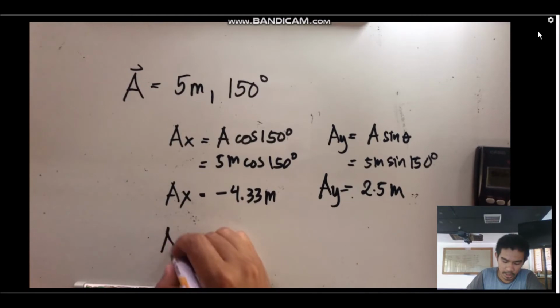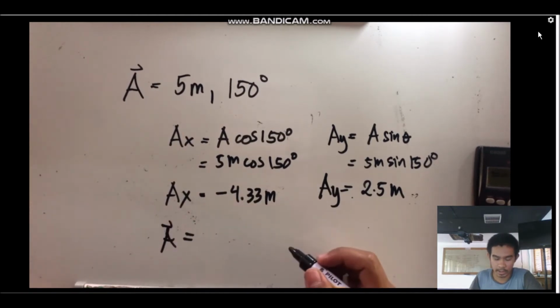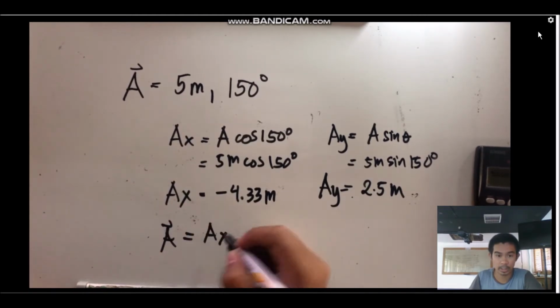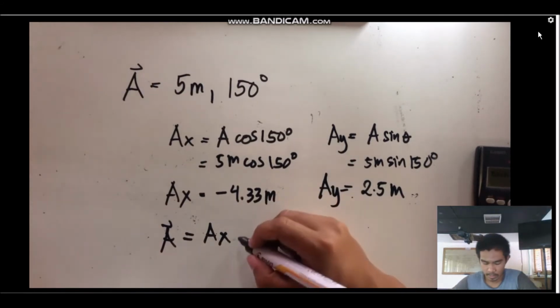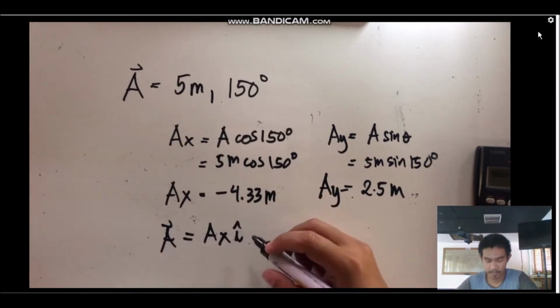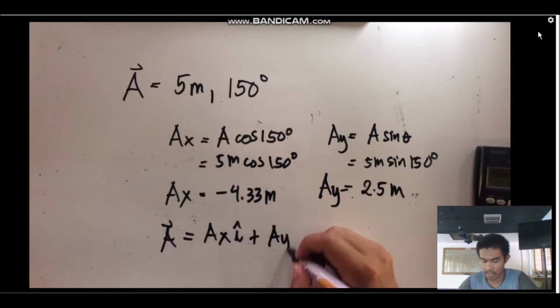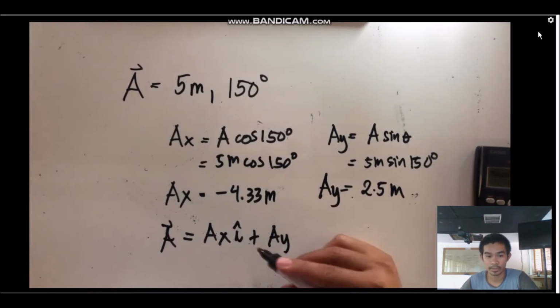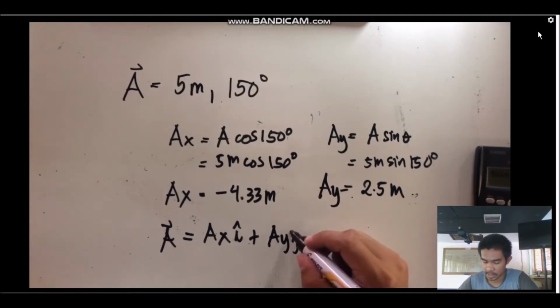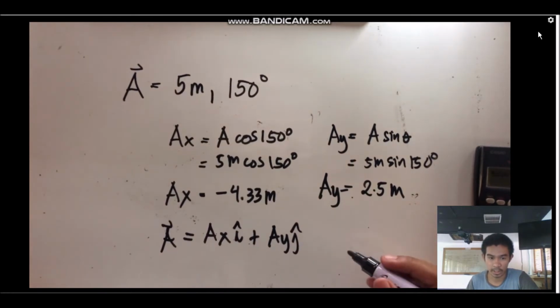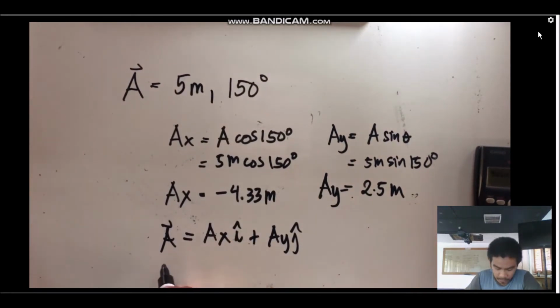So vector A equals the x component times i hat, plus A y, or the y component of vector A, times j hat, a unit vector along the y-axis. So vector A equals, what is A of x?